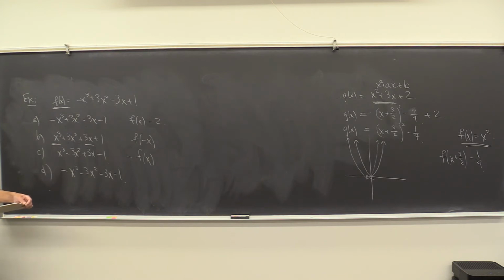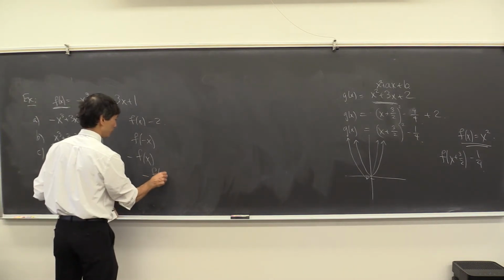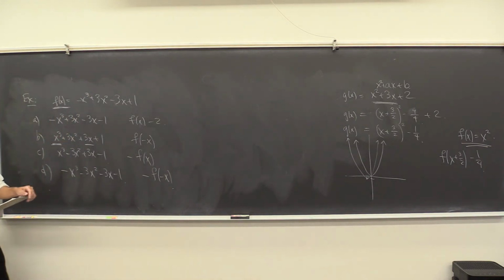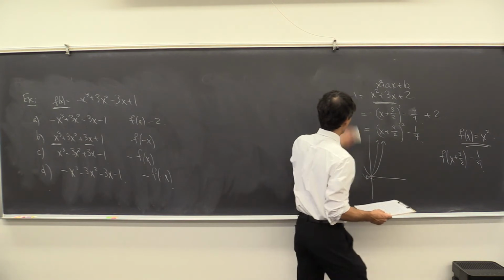Yes, Amy? Yes. So this is f of negative x, and if we put another negative sign on it afterwards, we're going to get this. Okay, maybe that's all I want to say about this section.